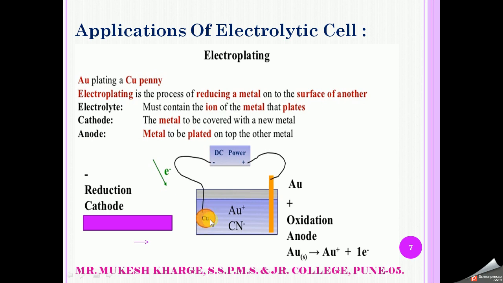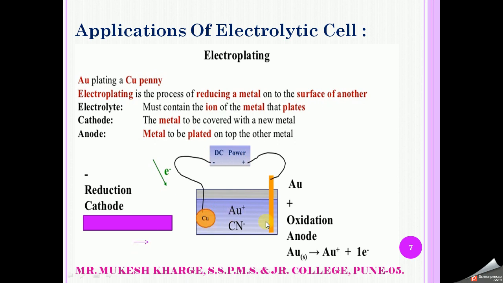So copper is covered with gold, so copper is the cathode, and the metal to be plated on top of another metal is the anode. So gold is plated over the copper, so gold is the anode. The cathode is negatively charged because it is connected to the negative terminal of the battery, while the anode is positively charged, connected to the positive terminal of the battery.